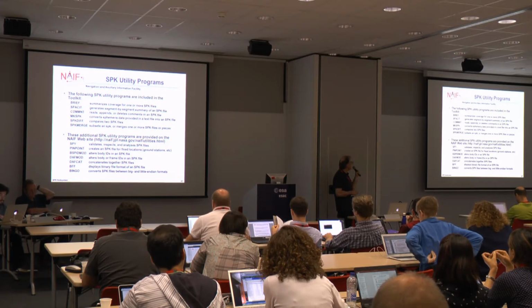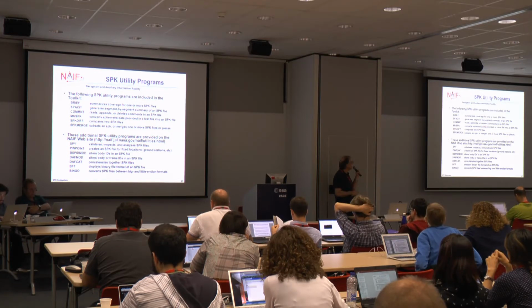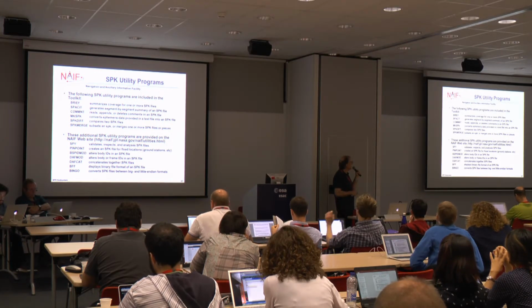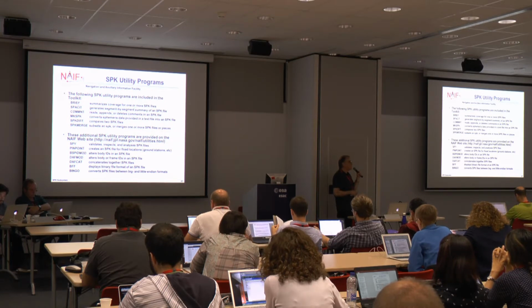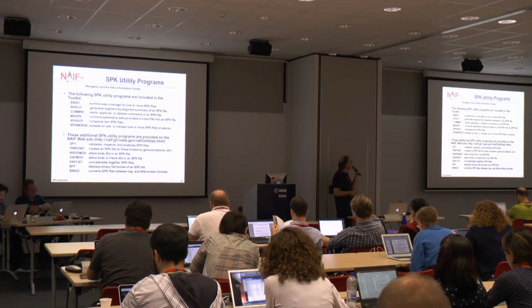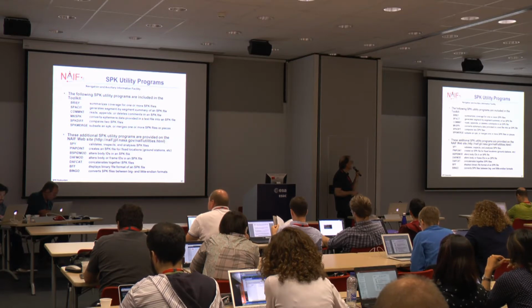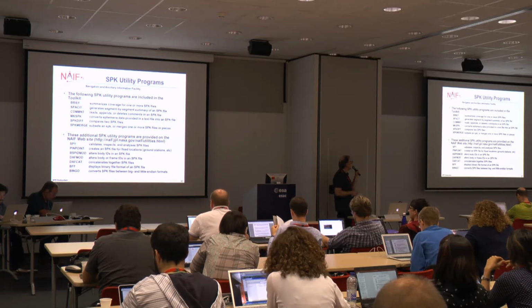SPKDIFF compares two SPK files, and it can be used to actually do a data dump based on samples from an SPK file. So this can be a quick way to just extract your own set of time-tagged states from an SPK file. SPKMERGE subsets or merges pieces of SPK files.